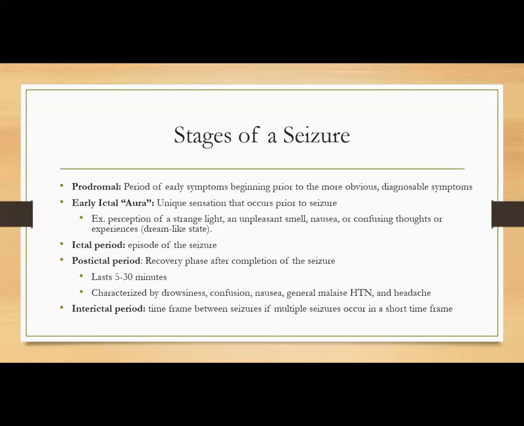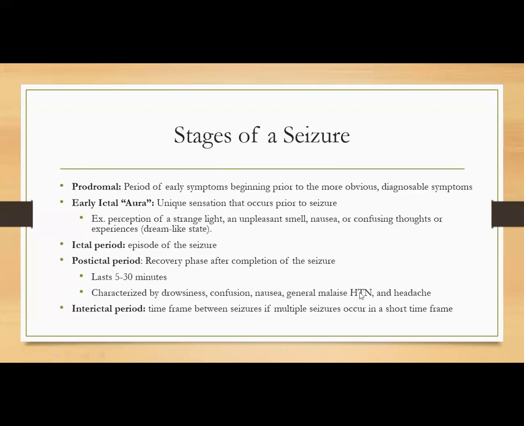It is important to know these different stages of seizure because your patient care depends on where they're at. For example, if you have somebody in an ictal period, an active seizure episode, then your care is going to be a little bit different because if they're actively seizing, you're going to want to protect them and make sure they're okay.